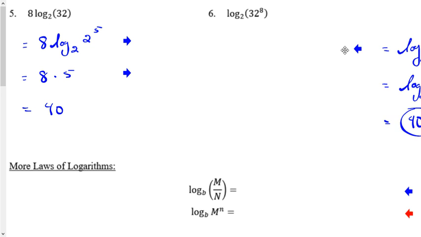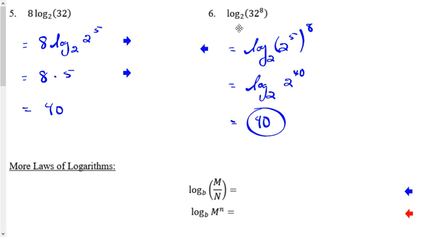Here again, I can rewrite that 32 as 2 to the 5th, all to the exponent 8. Power raised to an exponent, I multiply those exponents to get 40 as the exponent. And again, since I have a logarithm base 2 of a power base 2, the value of the logarithm is the value of the exponent. So here what we see illustrated is that, remember, in number 5, this logarithm is an exponent.